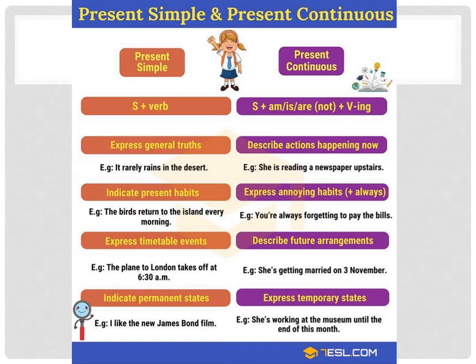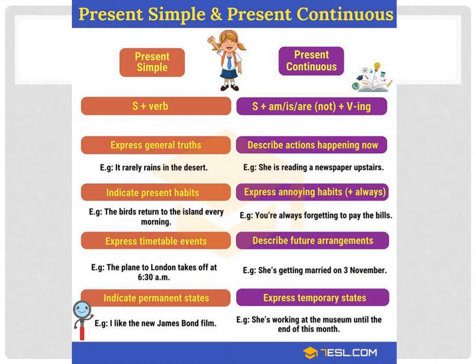I am teaching you and you are listening to me now. So at the current moment, you are listening to me. And then number 2, we use present continuous to express annoying habits or always. For example, you are always forgetting to pay the bills. See?